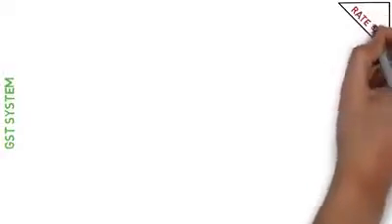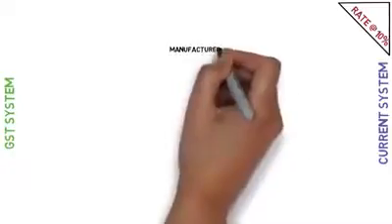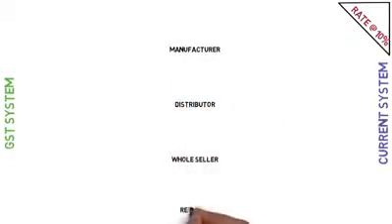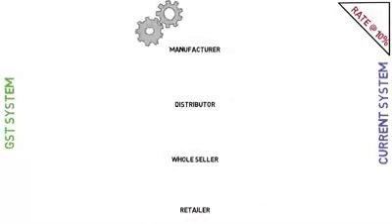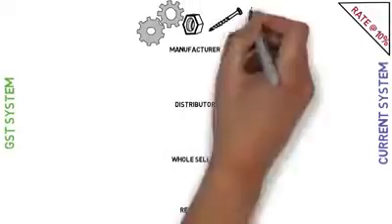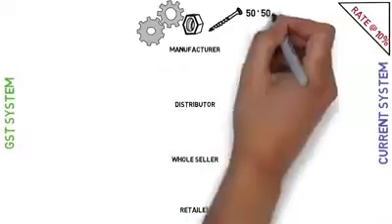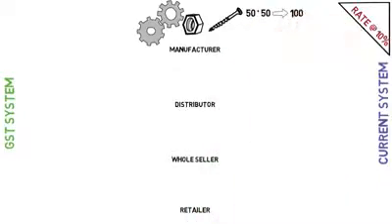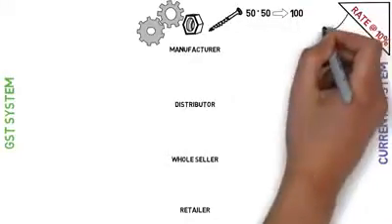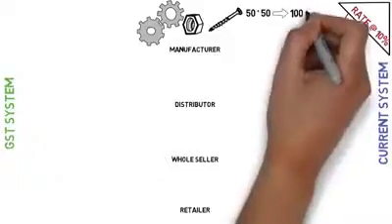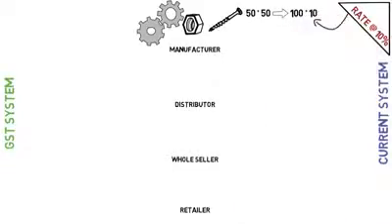Consider a simplified tax rate of 10% at each level. There are generally 4 levels: manufacturer, distributor, wholesaler and retailer. The manufacturer buys raw material of, let's say, 50 rupees, and manufactures the product, which adds 50 rupees of value. So the product becomes 100 rupees. For selling this product, he needs to pay 10% tax, which is 10 rupees.